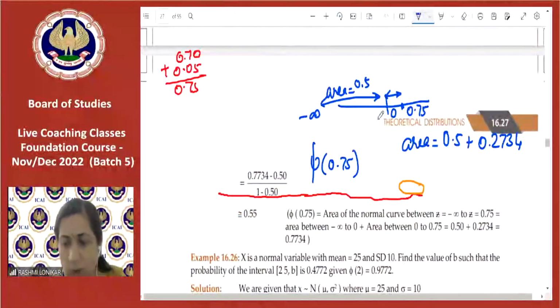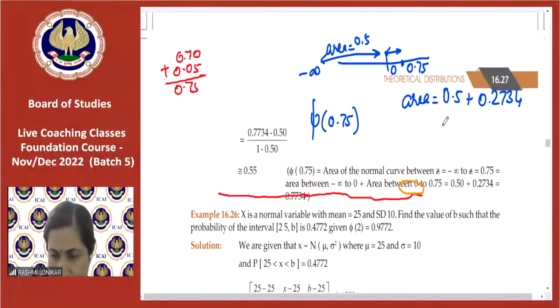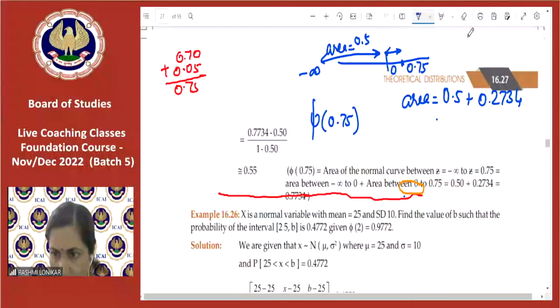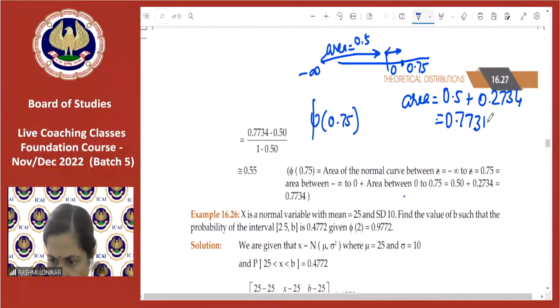But don't forget to add the 0.5, because we are going from minus infinity up to that point. So this is equal to 0.7734.